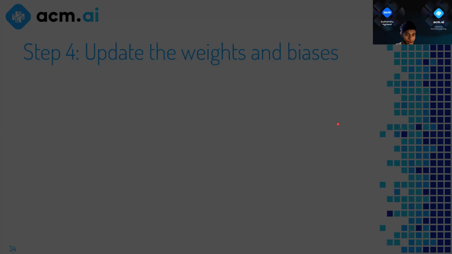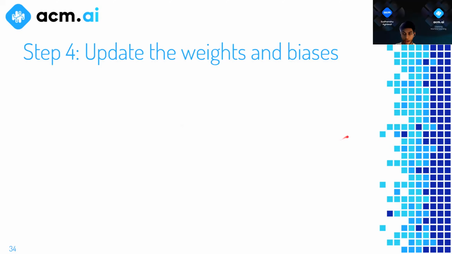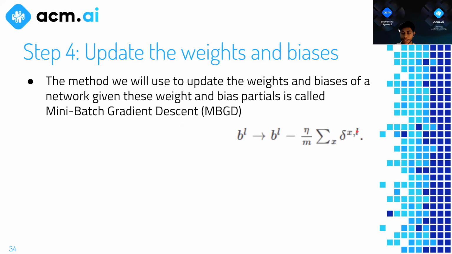Let me backtrack here. The partial derivative looks like this: it's del L sub j. We take del L sub j for each and every data point x. When we do that, we sum it all up and we get a vector. Once we get the vector, we multiply it by a learning rate, and we subtract it from the old bias.